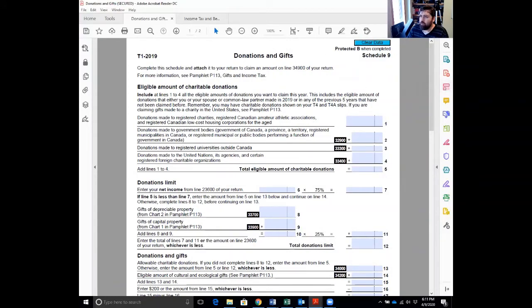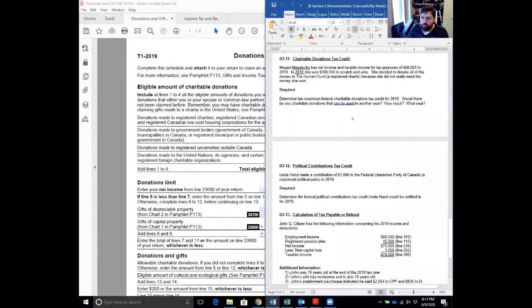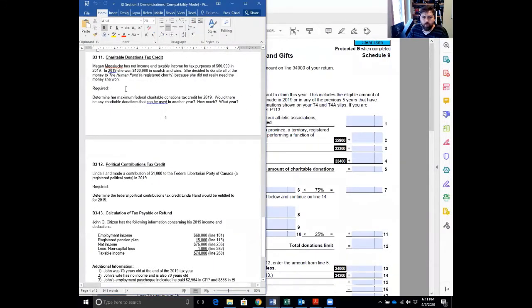So let's work through the demonstration that we have, and that is right here. Okay, there we go. So Megan Mega Lucky has net income and taxable income for tax purposes of 60,000 in 2019.